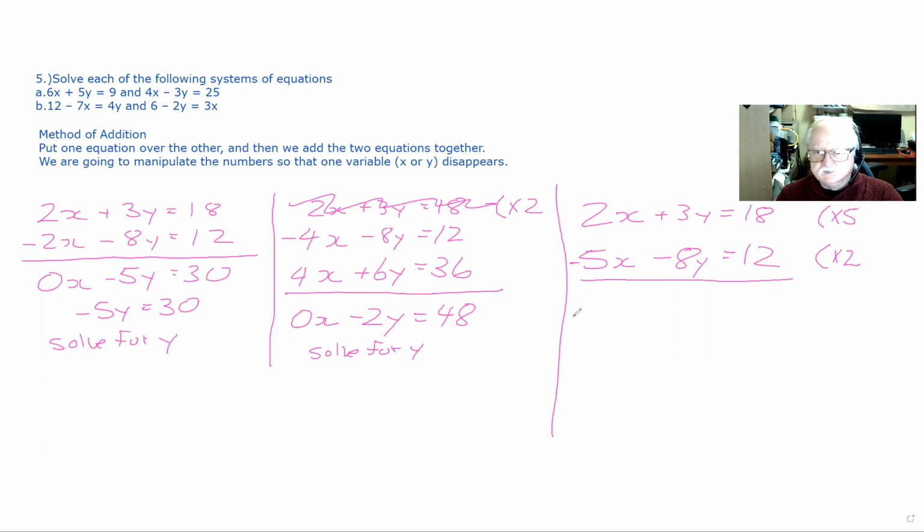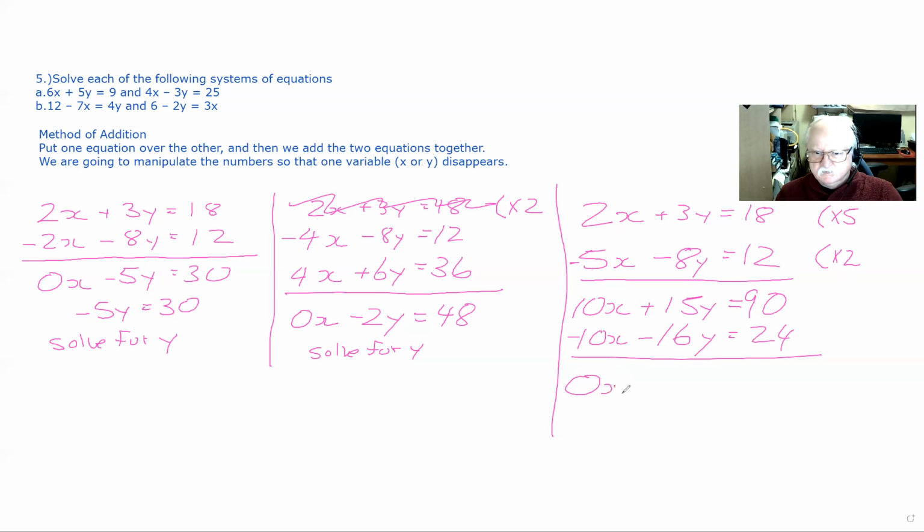So 5 times 2 is 10x plus 15y equals, I don't actually know what 5 times 18 is, 90. And down here, negative 10x. 2 times 8 is negative 16y. And 2 times 12 is 24. But again, now we've manipulated it.